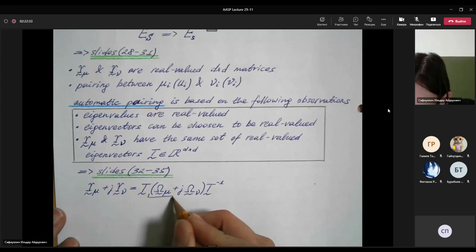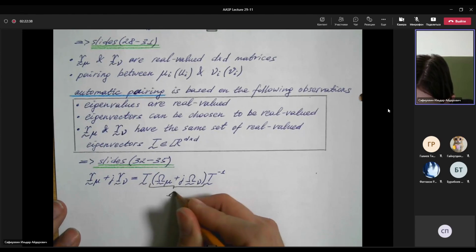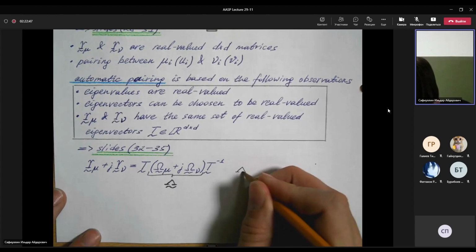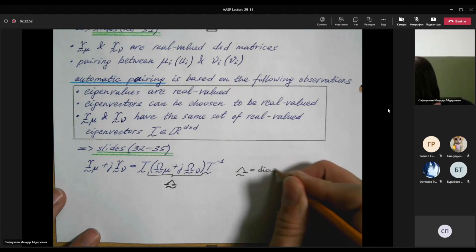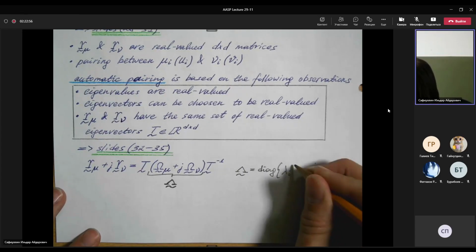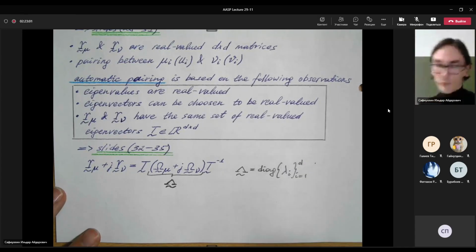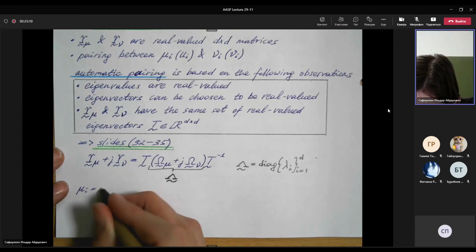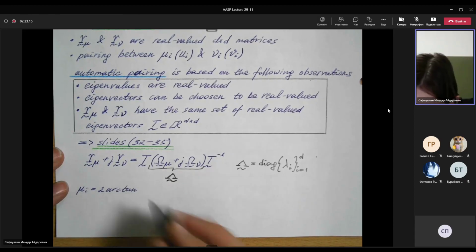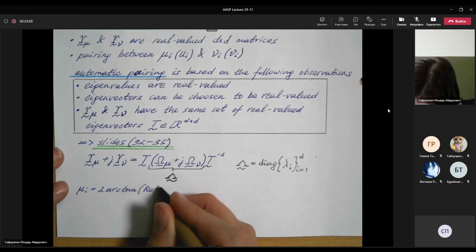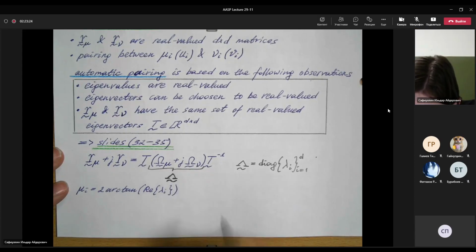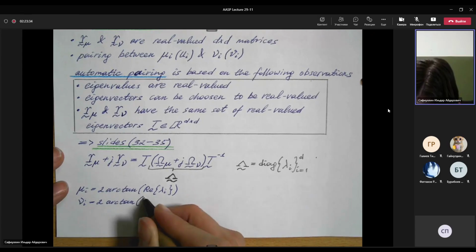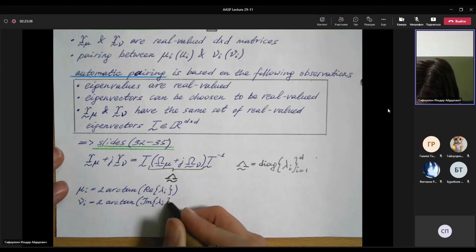This one can be denoted as matrix lambda, where matrix lambda is the diagonal matrix with values lambda I, where I goes from 1 up to d, and spatial frequencies mu sub I is equal to 2 arctangent of the real part of lambda I, and nu sub I is equal to 2 arctangent of the imaginary part of lambda I.